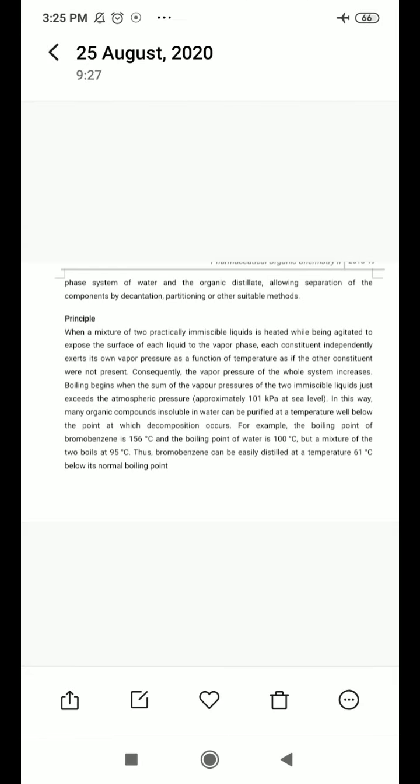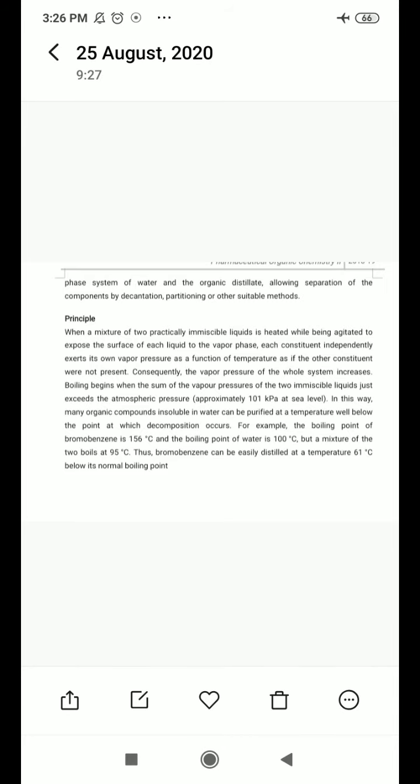Means as I said earlier, when the total vapor pressure of your system, which is the organic component mixture, becomes equal to the atmospheric pressure, then this compound starts boiling.